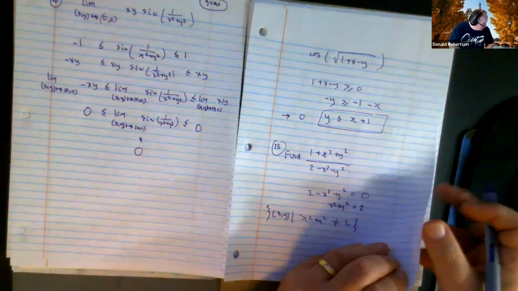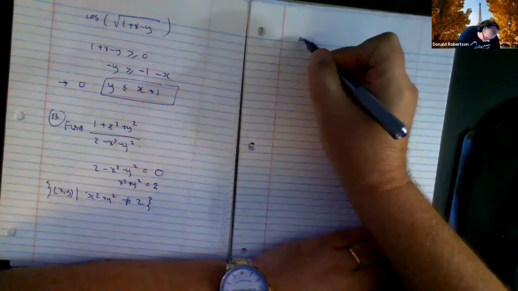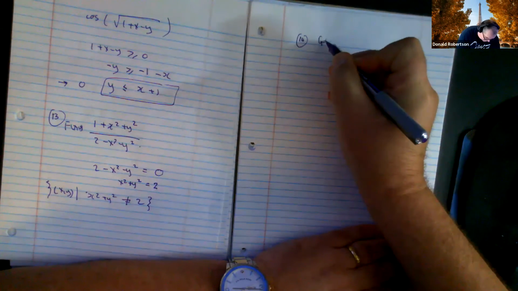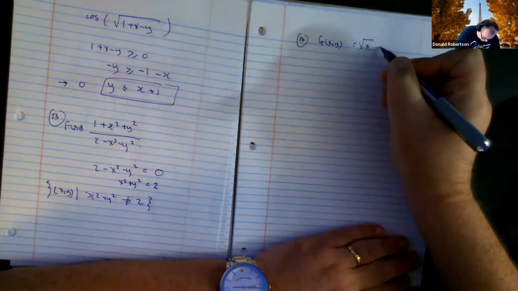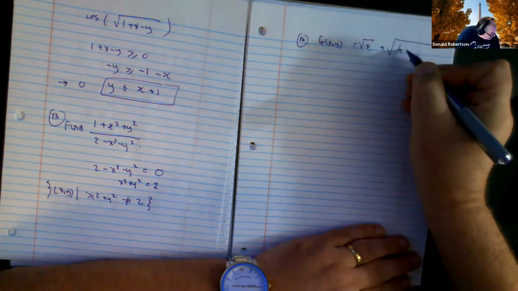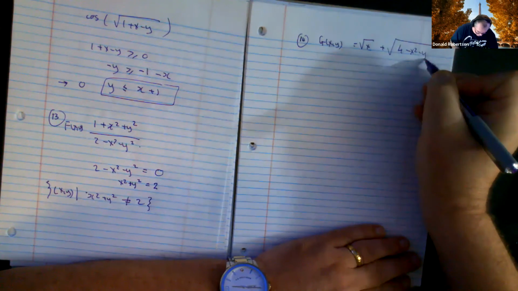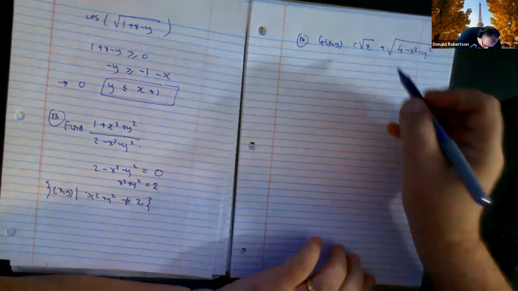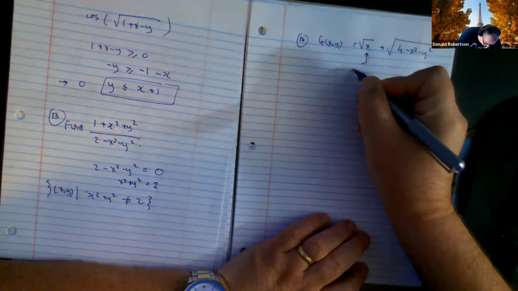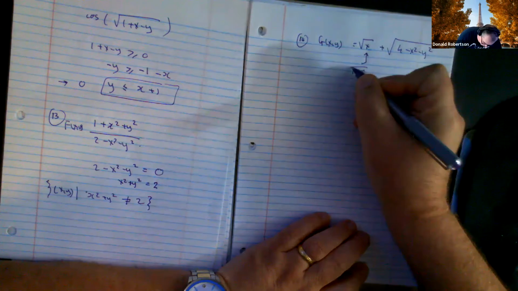Now, in this case, we have a function. So it's question 14. It's capital G of xy and it's the square root of x, and it's the square root of 4 take away x squared, take away y squared. Now, if this thing is going to work, that guy has to be greater than or equal to 0, right? That's one of the restrictions.